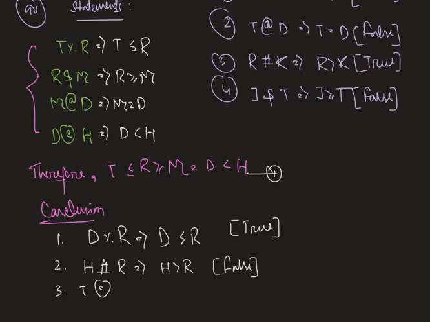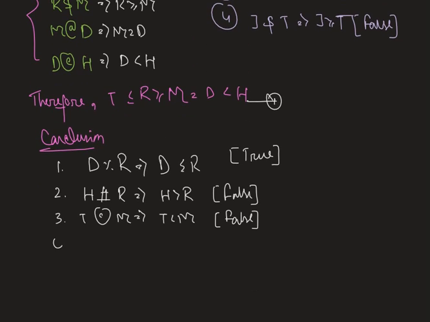T copyright M, this implies T is strictly less than M, and from the relation 1 we can say that this conclusion is also false. Now lastly, T percentage D, that means T is less than or equal to D, and therefore this is also false, we can say.